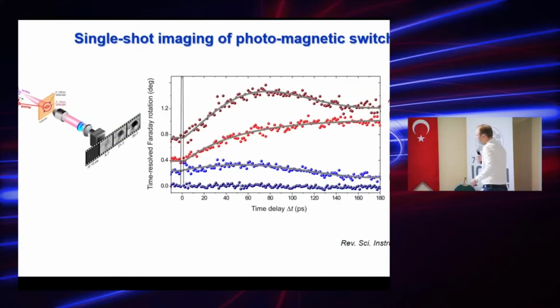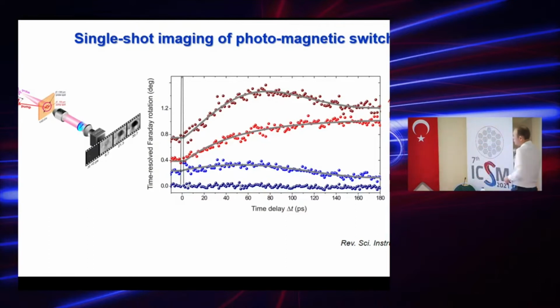Okay, here we demonstrate magnetization switching using the single-shot imaging technique. You can see a time result for the rotation in the domain, the signal. However, each point in this dependence is a single image, obtained from only a single pulse. So at this moment, we have both spatial and temporal dependence of the switching, or light-induced phenomena.